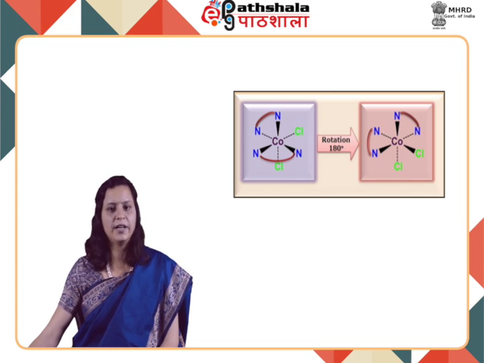If this front ring was originally parallel to the back one, a clockwise rotation would put it into the correct position. Therefore, the structure is delta. Thus, the name of this complex would be delta cis dichlorobis ethylenediamine cobalt 3.